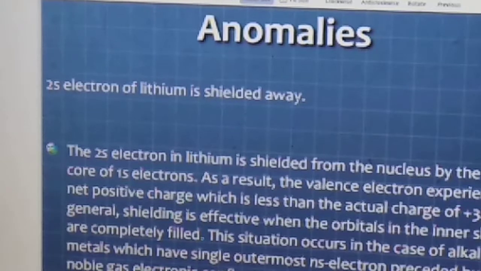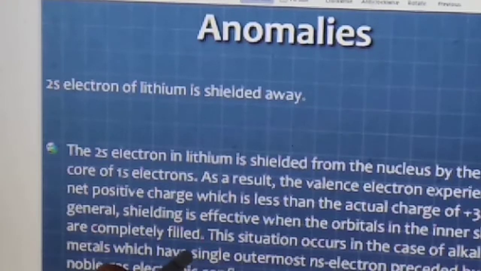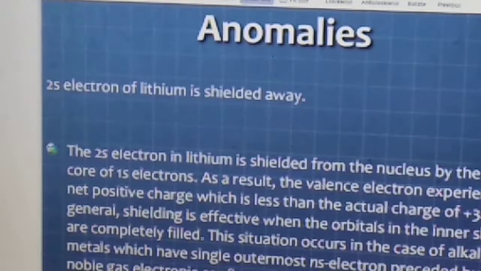So, in general, shielding is effective when the orbitals in the inner shell are completely filled. This line is very, very important. This situation occurs in the case of alkali metals, which have a single outermost ns electron.